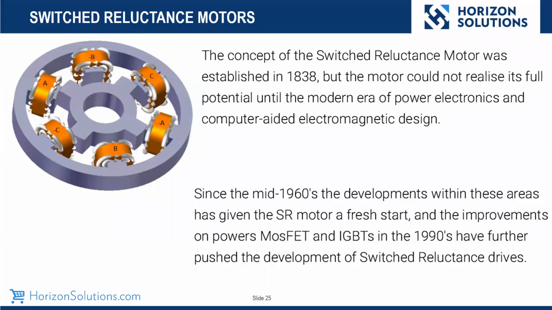You can see the time frame when it pretty much came about. But one of the exciting things about this is, in the mid 1960s, there was some more development, and with the advent of the MOSFET, and especially the IGBT that came out in the 90s, this actually pushed the development even further with these type of drives and motors. Next slide.